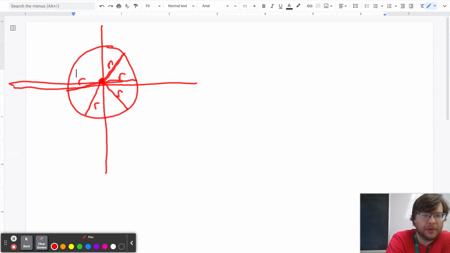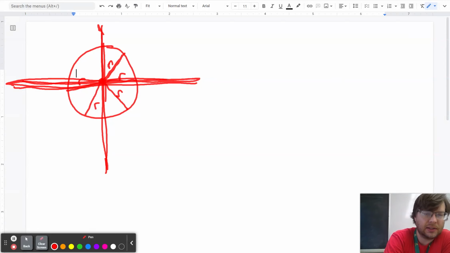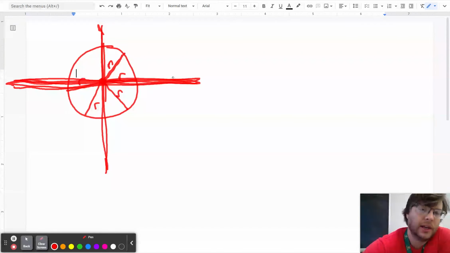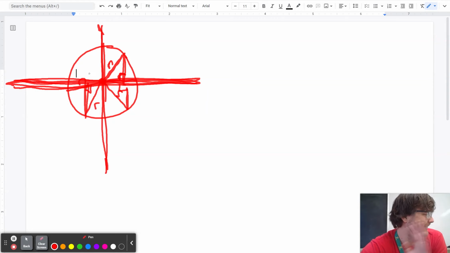So if I have an x-axis here and a y-axis here, any one of those radii, except for the ones that are on the axes, can be built into a right triangle. So for example, this one right here can be built into a right triangle. This one can be built into a right triangle. All of these different radius lines can be built into a right triangle.